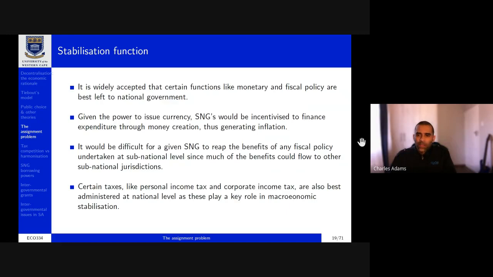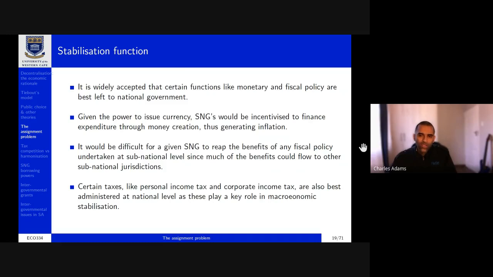Okay, now let's think about the different functions of the different levels of government, and let's discuss the functions of government in the context of national level versus subnational levels. So it's widely accepted that certain functions like monetary policy and fiscal policy are best left to national government. And we don't have to discuss this too much.